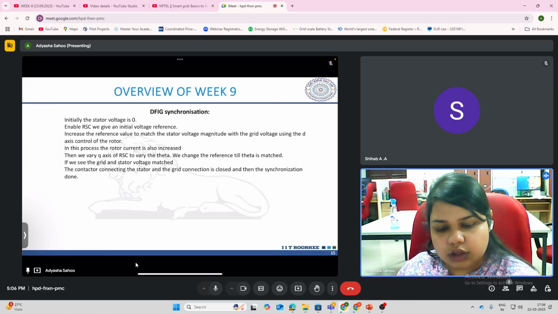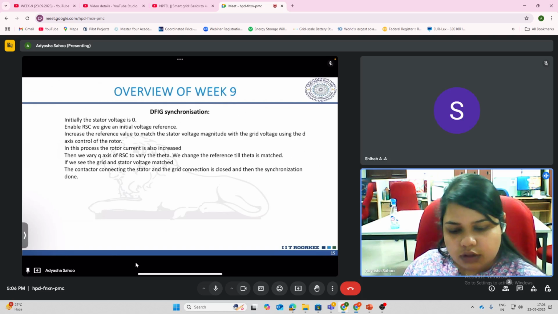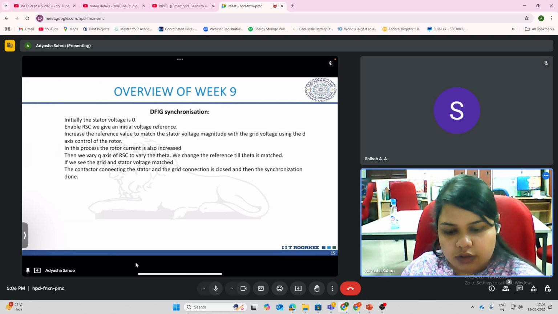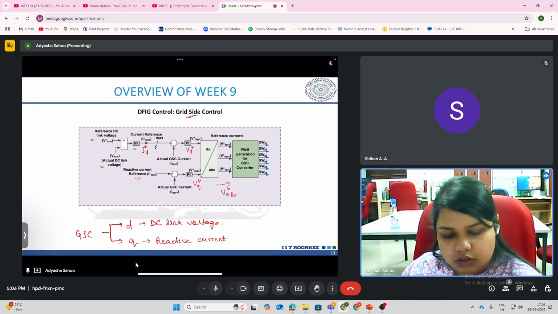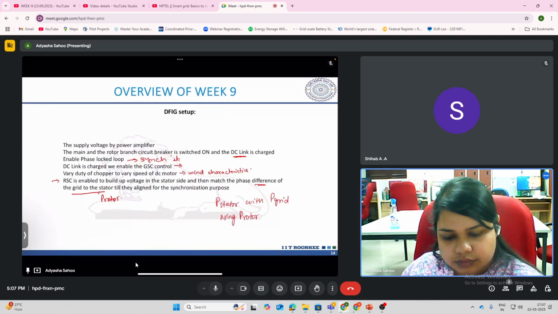Now, how is the synchronization done? Once we are ready for synchronization, we enable the rotor side control and give the voltage reference signal. If you remember, here in the rotor side control, you are giving the reference for the frequency, and then we try to match the stator side voltage to the reference signal.